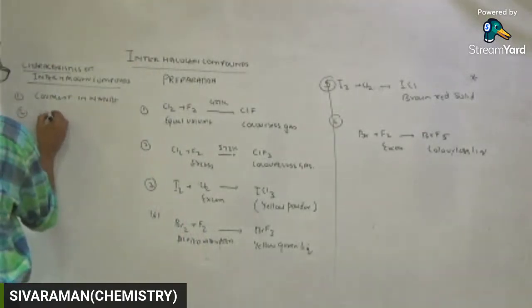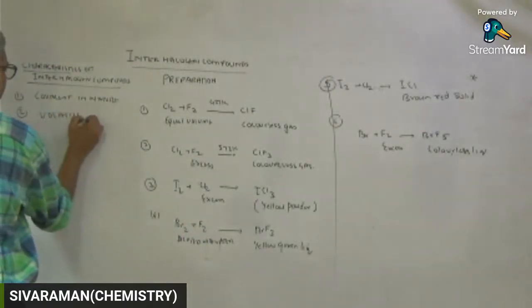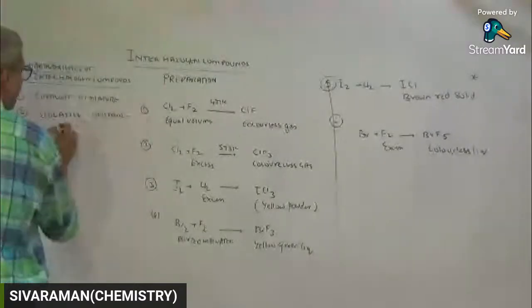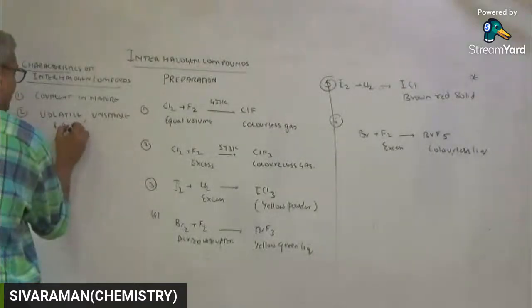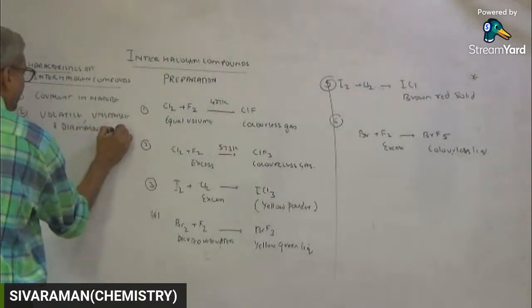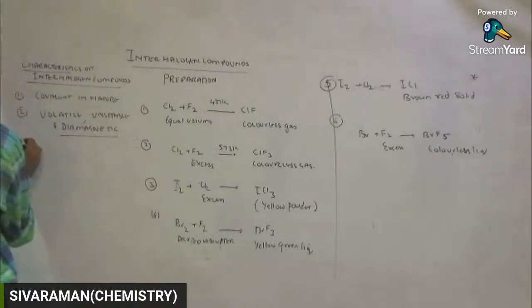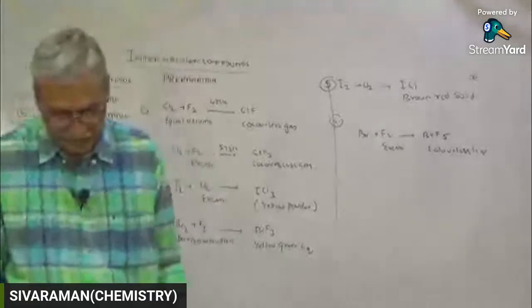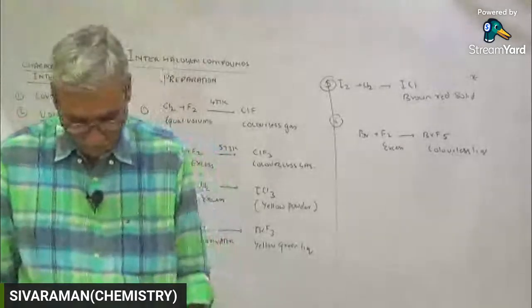They are volatile, unstable, and diamagnetic. I would place more importance on the diamagnetic nature. This is something you should know, that all interhalogen compounds are diamagnetic. Is this clear?